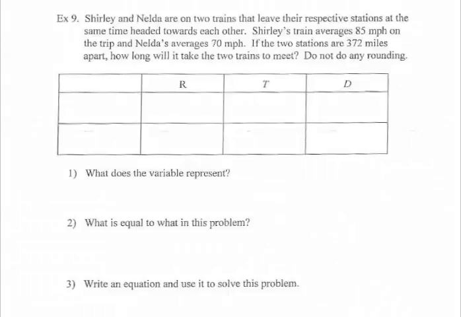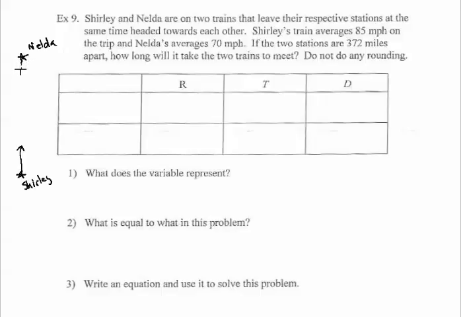So I'll draw a little picture like I drew in the last problem. And we'll say that this is Shirley Station. And then up here on the top is Nelda's. And it says that Shirley averages 85 miles an hour. And Nelda is 70, a little bit slower.